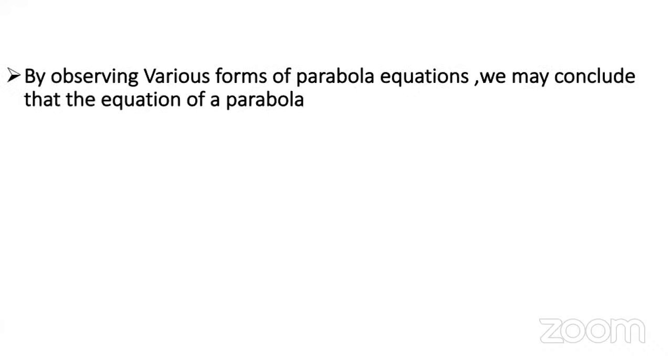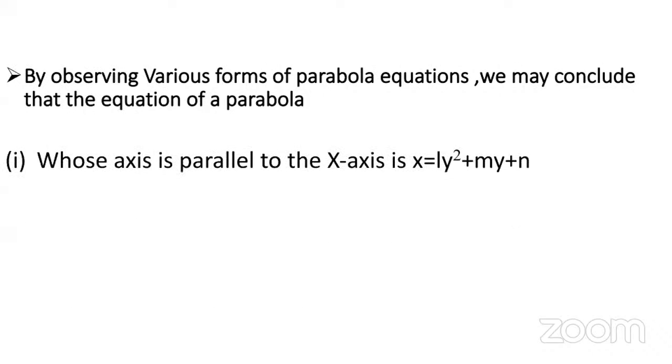By observing various forms of parabola equations, we may conclude the equation of the parabola whose axis is parallel to the x-axis, and we can write that as x equal to l y square plus m y plus n, that is l y square plus m y plus n minus x equal to 0.